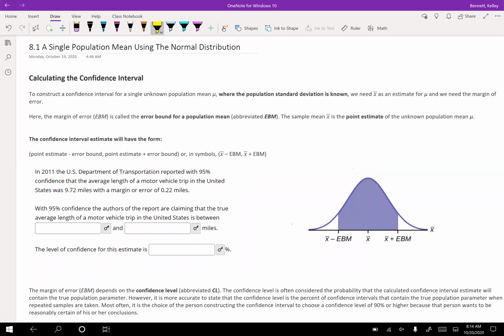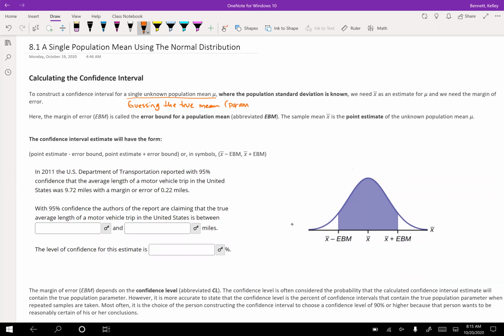So we're going to be constructing confidence intervals to get a sense of what the true population mean is. To construct a confidence interval for a single unknown population mean, you can think about this as guessing the true mean.